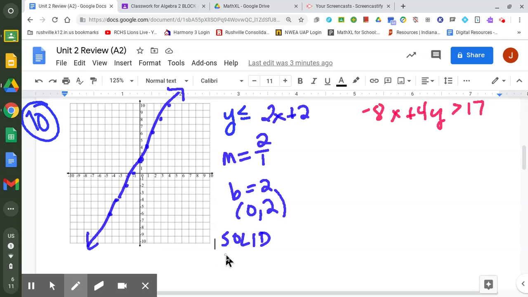So my original is y is less than or equal to 2x plus 2. If I put a 0 in for the y and then a 0 in for the x, that's going to leave me with 0 is less than or equal to 2, and that is true. So my test point is here.